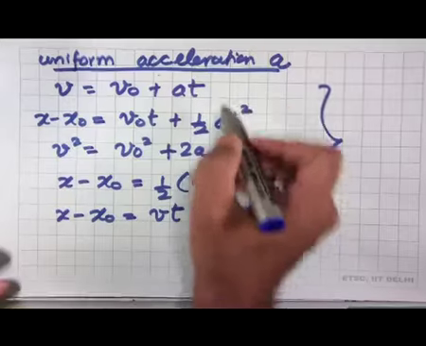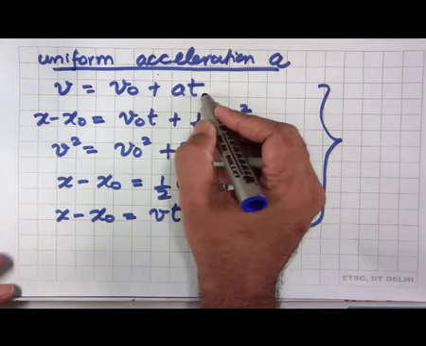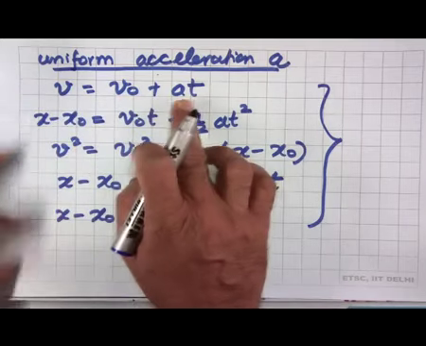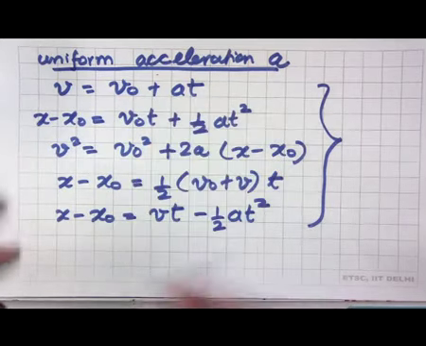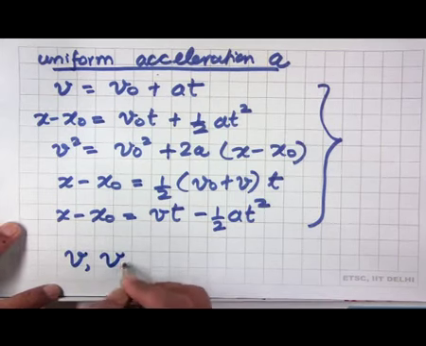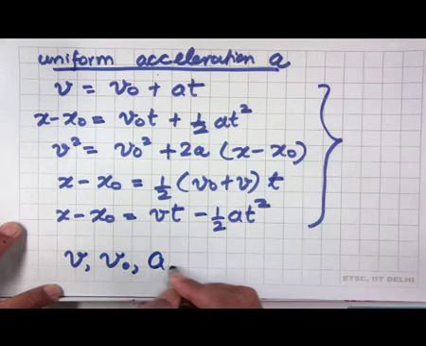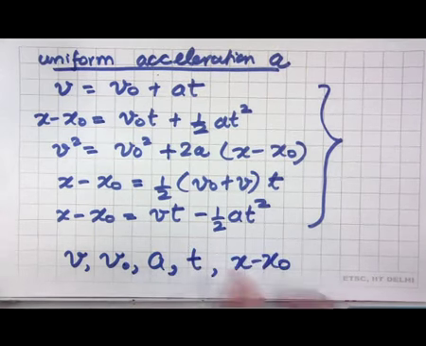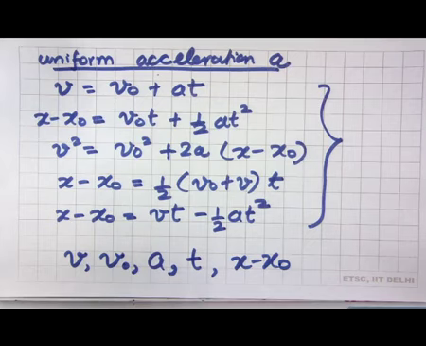And also what you observe in each of these formulas, for example, in this formula, distance is missing. We have the two velocities, acceleration and time. So, if we look at our case, we have the final velocity, initial velocity, acceleration, time, and the displacement or the distance, this is x minus x0. These are our 5 variables, and in each of these formulas you will find that 4 of these variables come, 1 variable is not there.